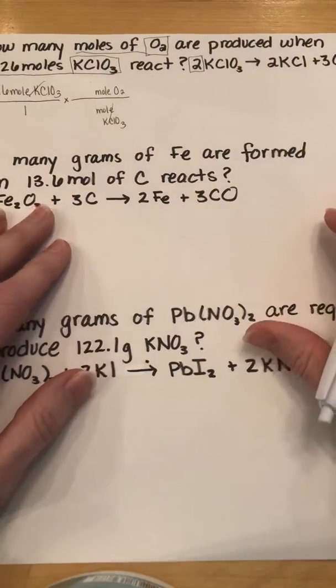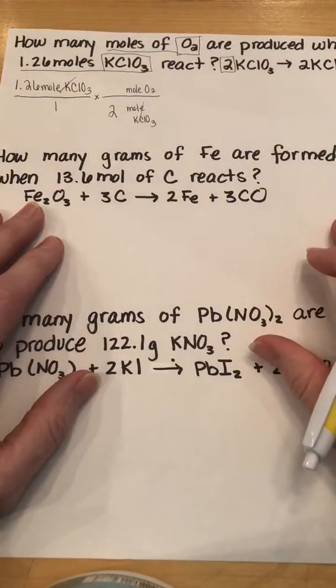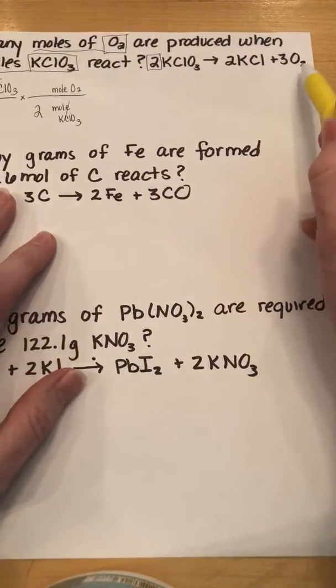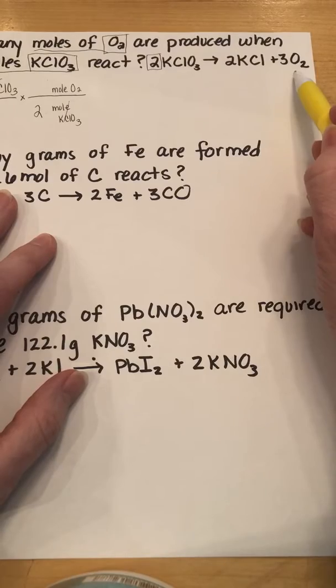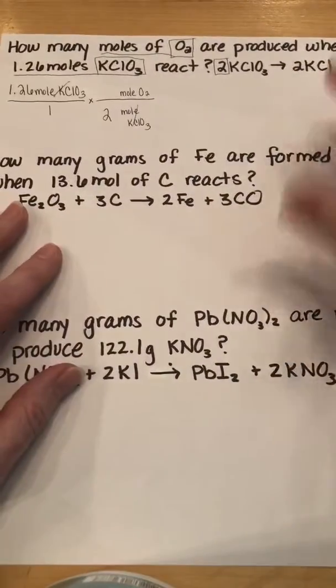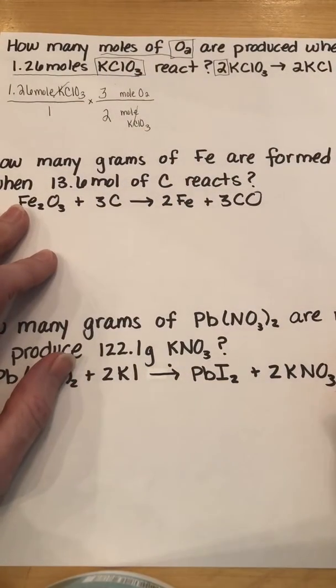The coefficient of 2 is there, so that tells me that I have 2 moles of KClO3. For my oxygen, I'm going to find my oxygen in the equation, and the coefficient on the oxygen is a 3. So this is going to get a 3. And that's all. I'm just asked to convert to moles.